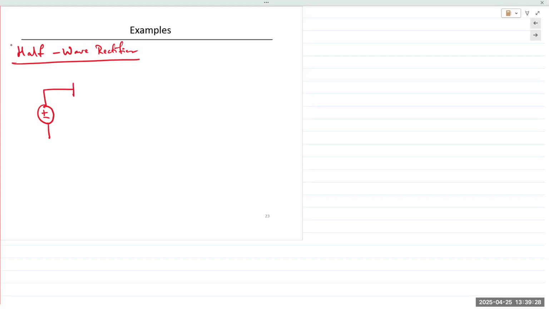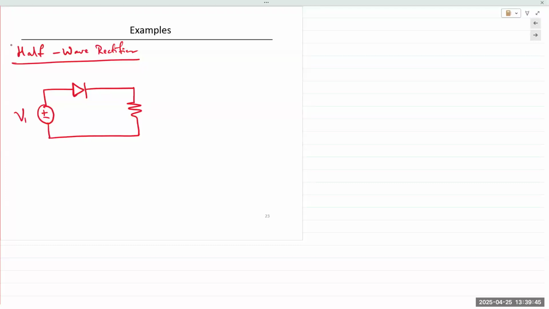There could be four different kinds of half-wave rectifier depending on the configuration of the diode, whether it's connected on the negative side or the positive side. But simply stated, a half-wave rectifier would always mean this kind of circuit.